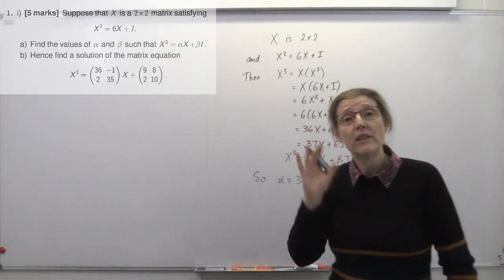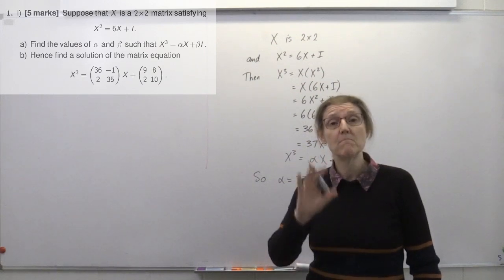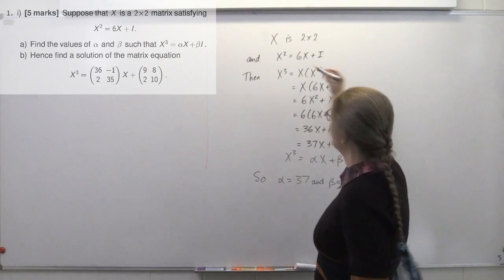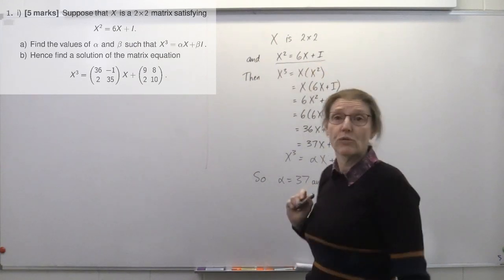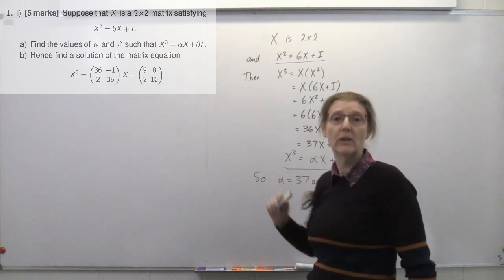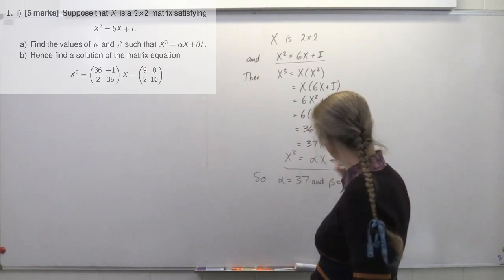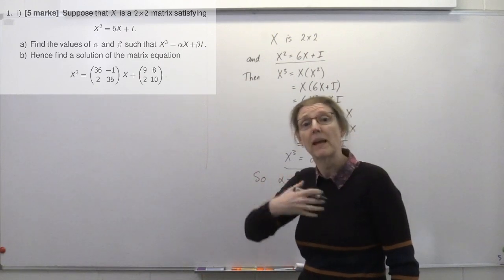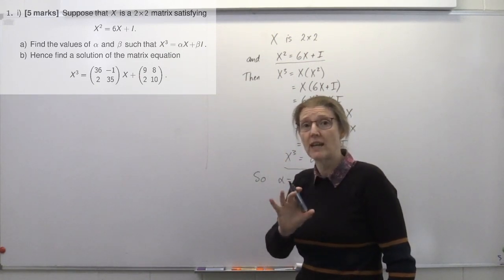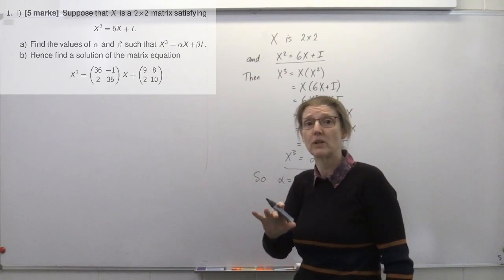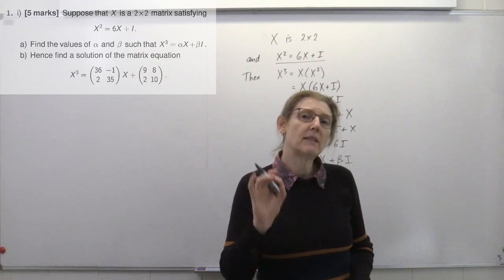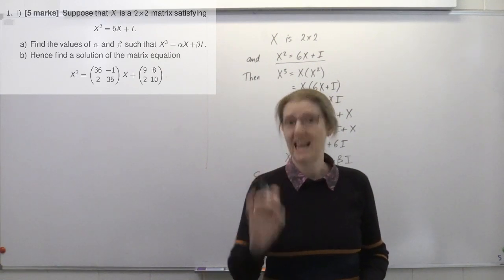Now, you can always check your answer, of course. You can multiply each of these things out and actually plug your alpha and beta back in and make sure things are happening. It's actually probably better to wait for your checking until we've done the second half of this question. So the next bit in part B has a very important word, and that word is hence.